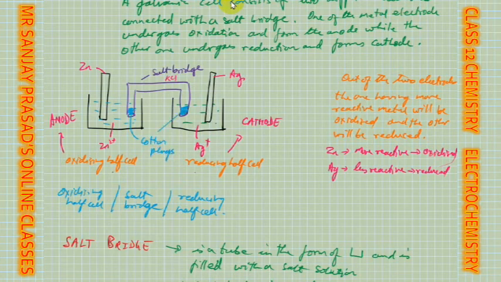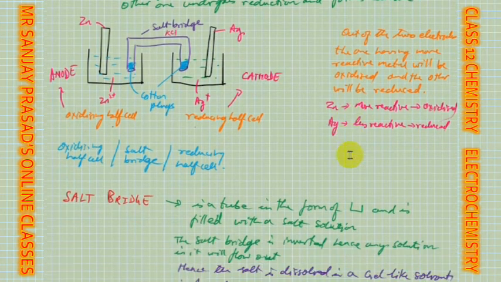Okay, the two ends we are closing it with cotton plugs. Cotton is porous, so the exchange of ions can take place from it. Clear?